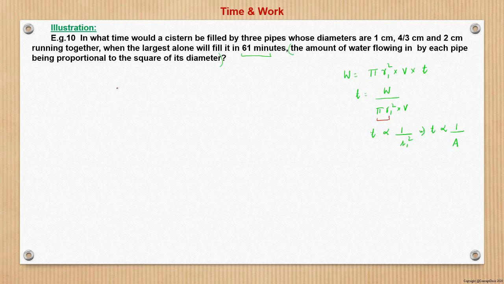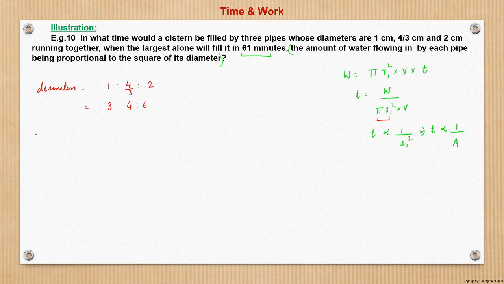We have 3 pipes whose diameters are in the ratio 1 is to 4 by 3 is to 2, which is nothing but 3 is to 4 is to 6, right?